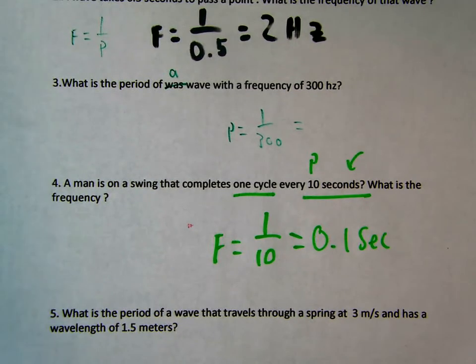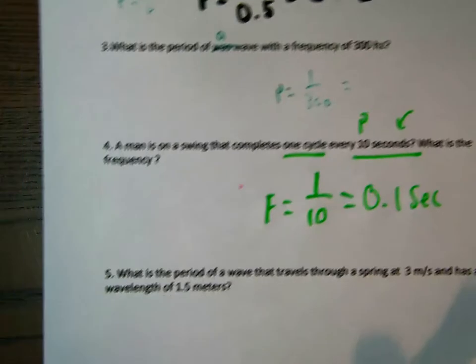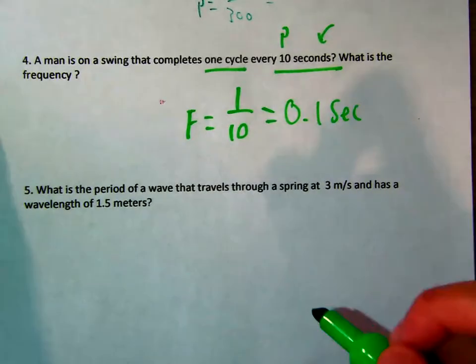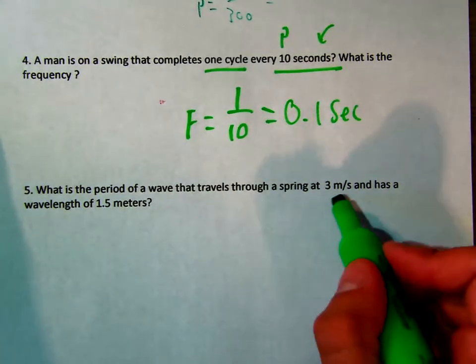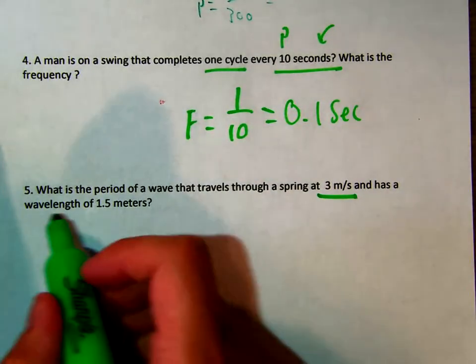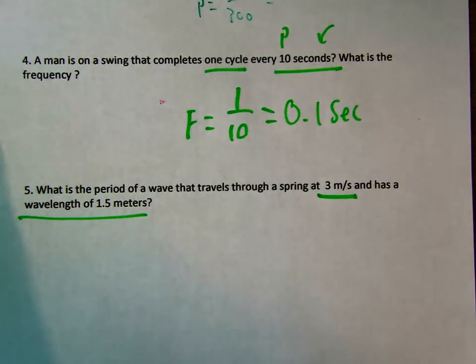Okay, let's go through the last problem, which involves frequency, period, and also what we did last week, which was the wave equation. So the problem is, what is the period of a wave that travels through a spring at 3 meters per second and has a wavelength of 1.5 meters?